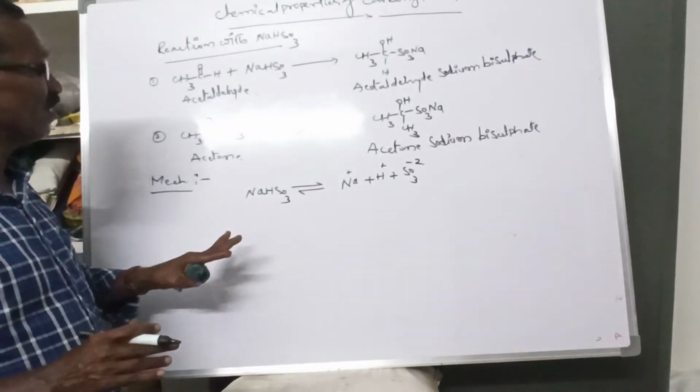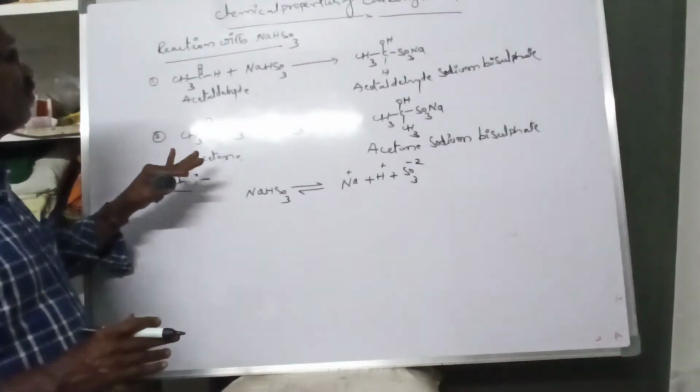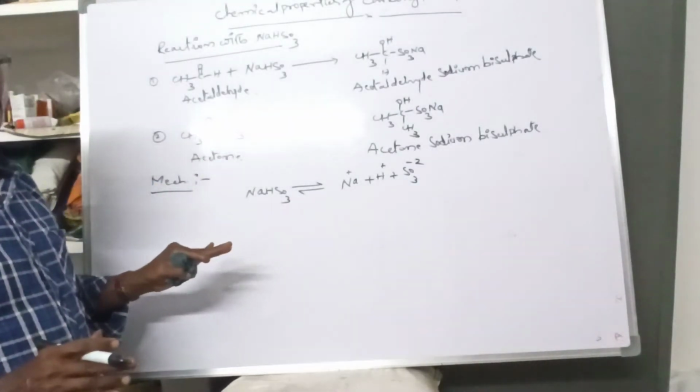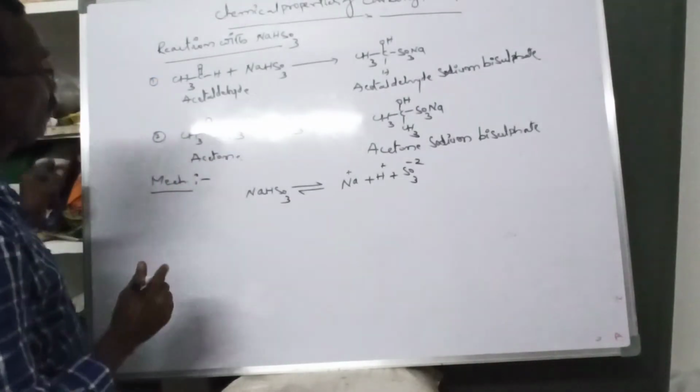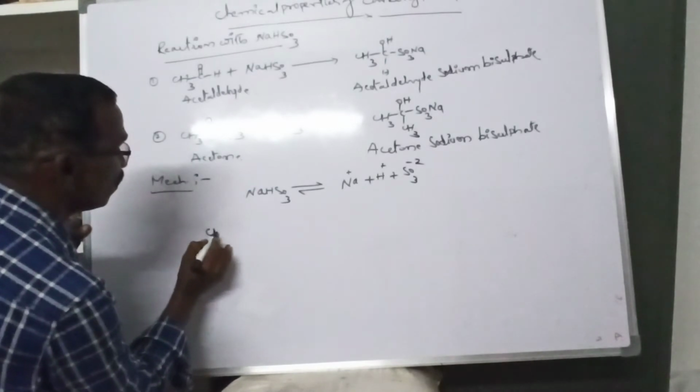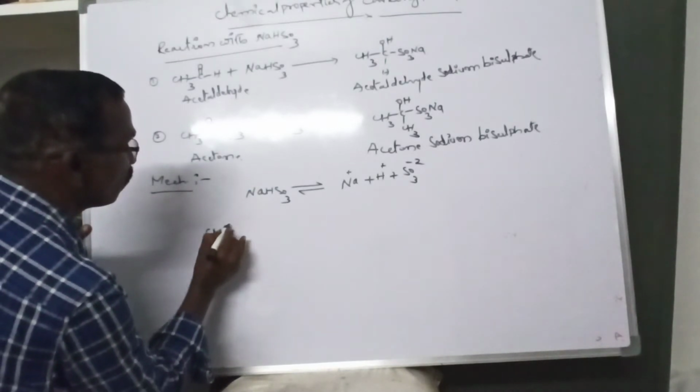This nucleophile then adds to the carbonyl group, for example in acetaldehyde, CH3.